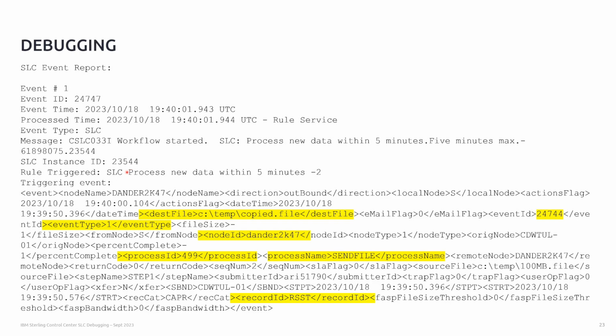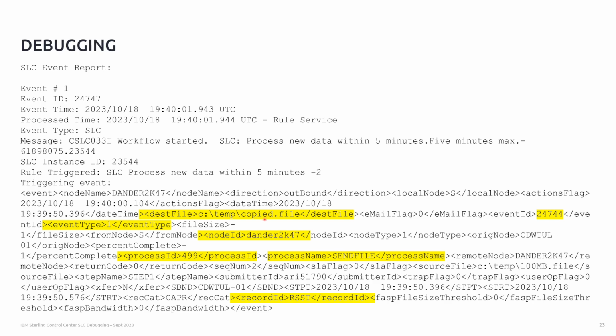What else? We see that this SLC event actually triggered a rule, and that's the name of the rule that was triggered. And in the following section we'll see the rule definition, so we can see what action, if any, was taken. Other key things are, you can see that the destination file was ctemp copy.file. That's the des file, and if you remember, that was the correlator for this milestone.